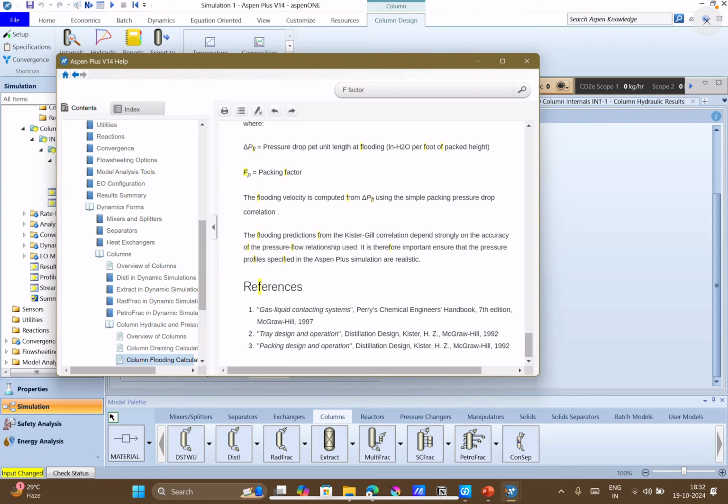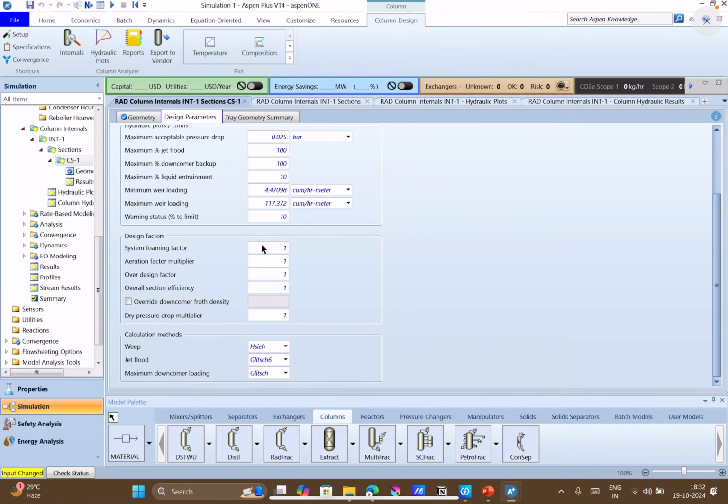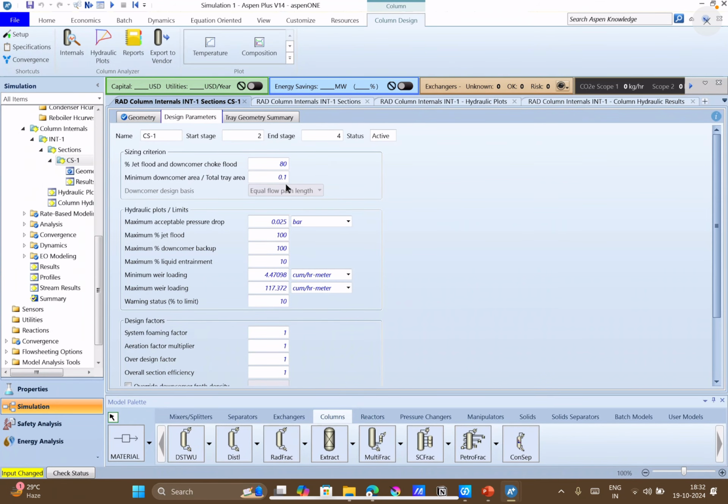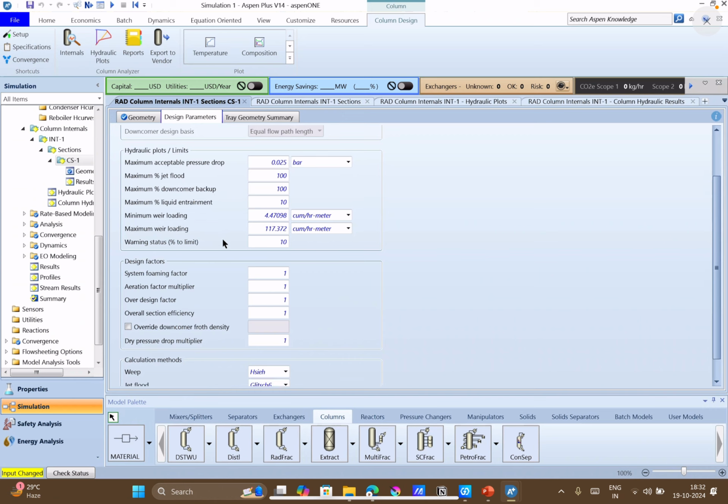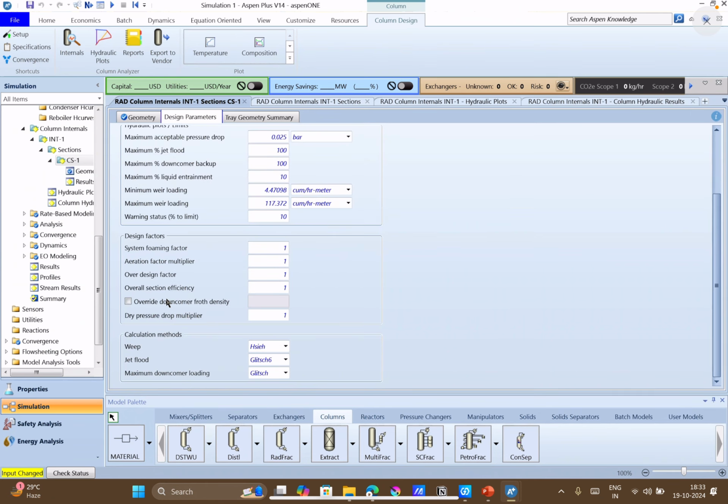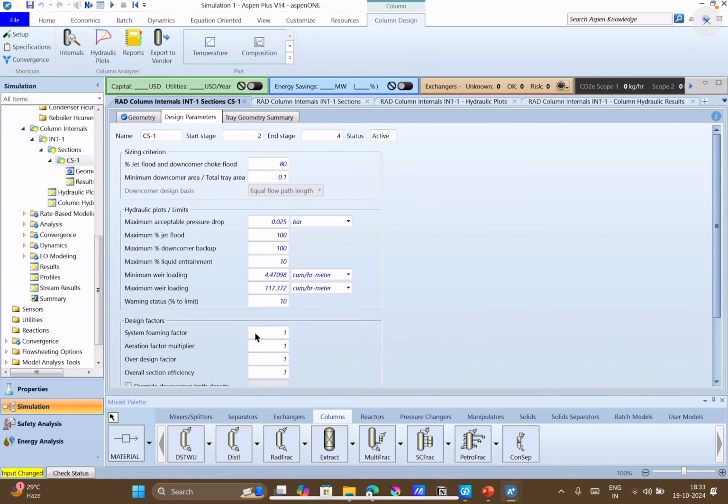It should be system foaming factor, aeration factor, overall design factor. This is already one though.